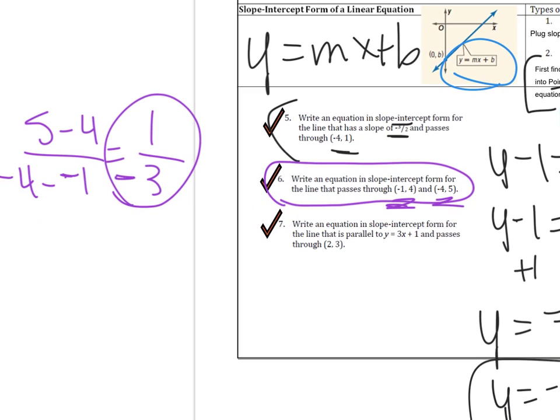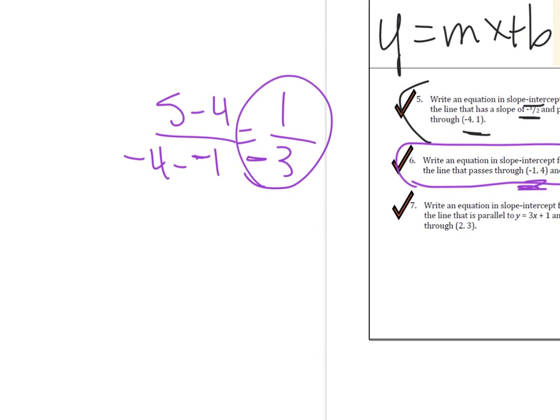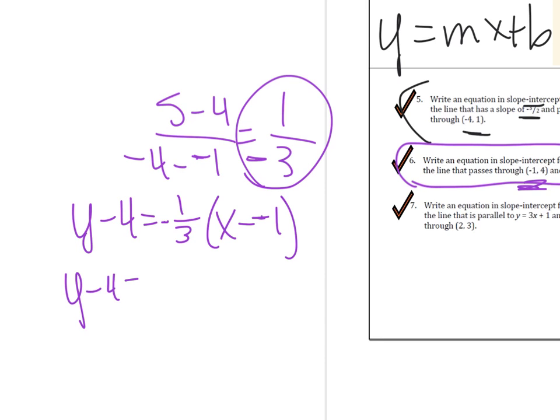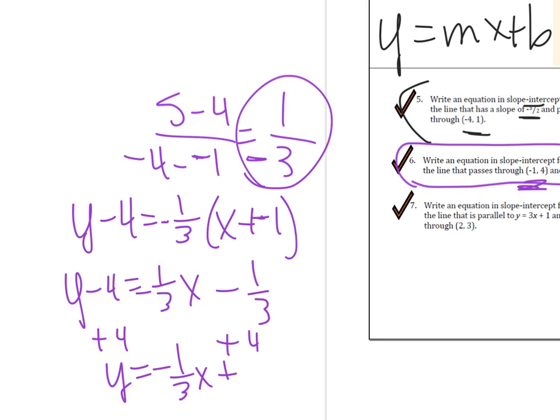Put it in there, and let's do a little algebra to figure this out. So I'm going to go y minus 4 equals negative 1/3 x minus a negative 1. So y minus 4 equals negative 1/3 x plus 1. So that's going to be minus 1/3. And if I add 4, y equals negative 1/3 x plus 3 2/3.